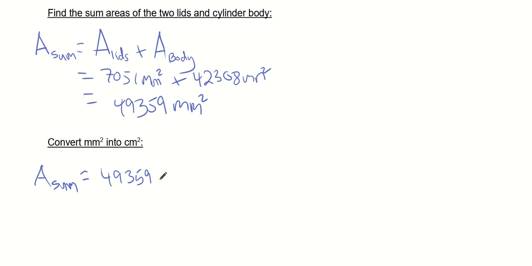I'm going to write the unit here, milliliters squared. Now, what's the conversion between milliliters and centimeters? Well, I can tell you that 1 centimeter is equivalent to 10 milliliters. Okay, so conversions are all done the same way. I'm going to say 10 milliliters is equivalent to 1 centimeter.